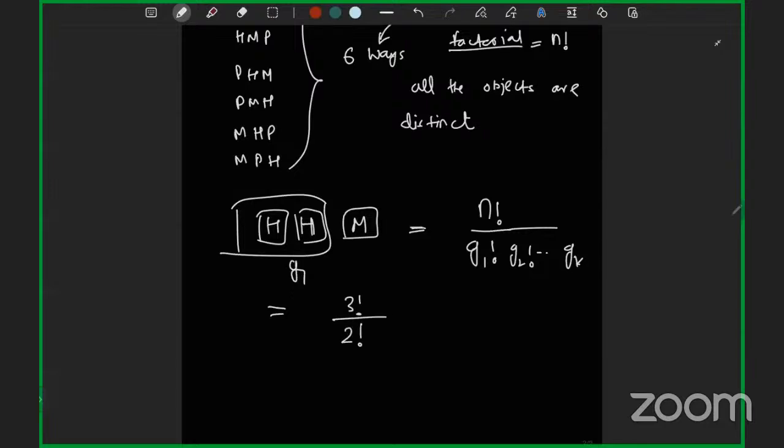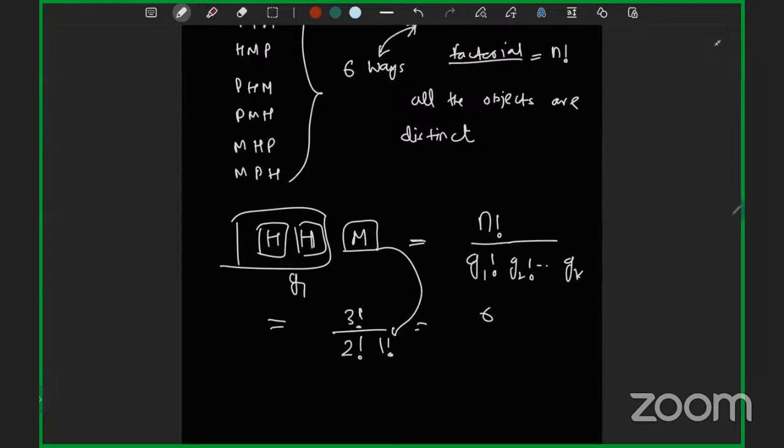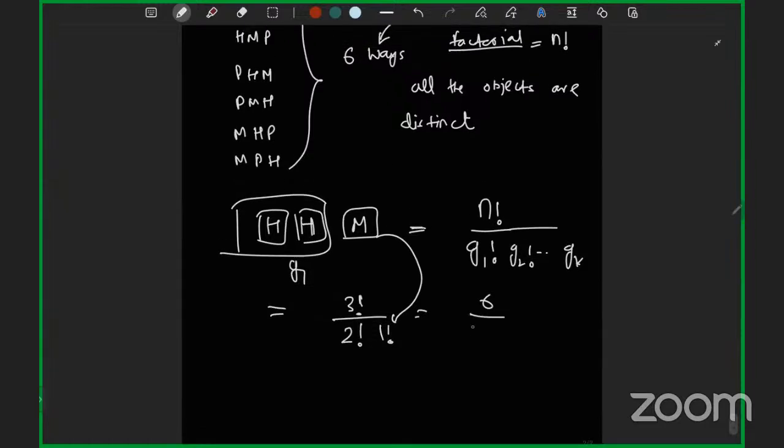And you can write this also as 1 factorial, it doesn't make any difference, since this is also a group. We know 3 factorial is 6, and divide by 2.